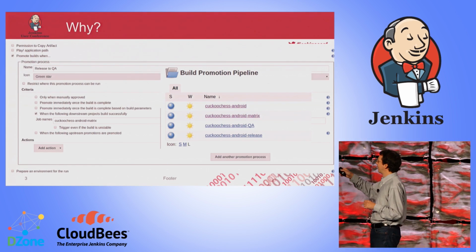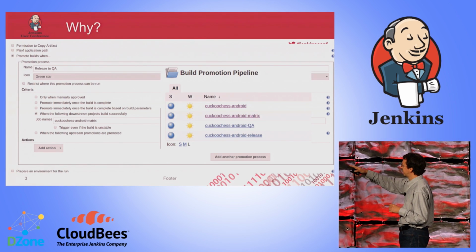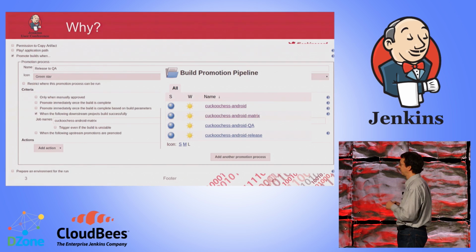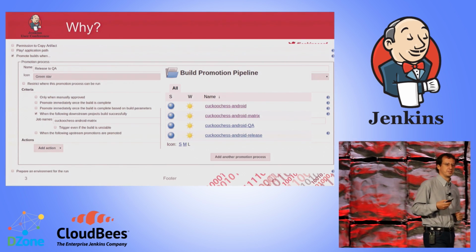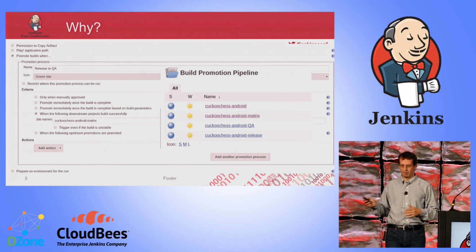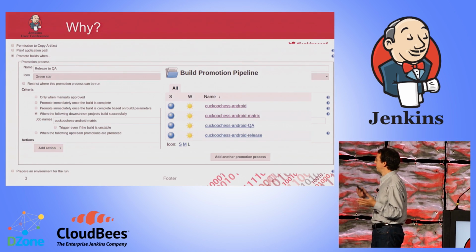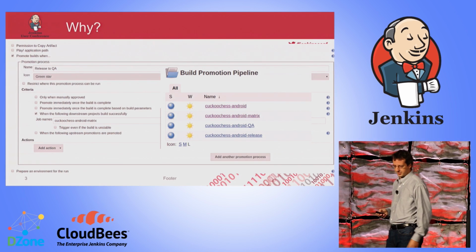In order to see what was happening, you had to go to different configuration screens spread across different jobs. I don't even know which job has this configuration screen. You'd have to click on configure on each of them to figure out which it was. So it was hard to get a sense of what was going on overall and make coordinated changes to this whole system.